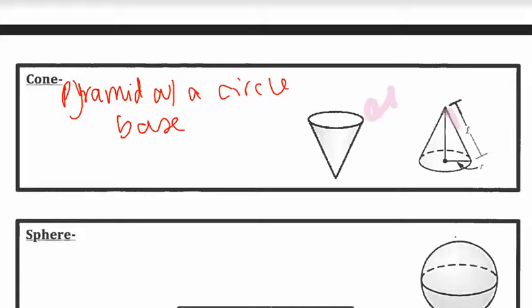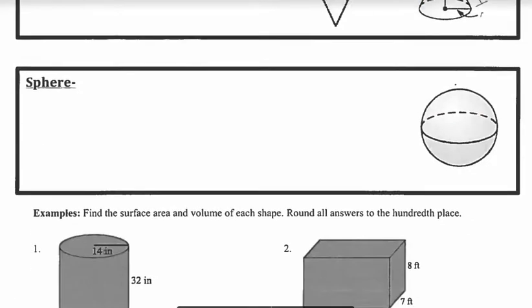Oh, there we go. So that's my slant height. So then this would be my height of my cone. And then remember R is just the radius.